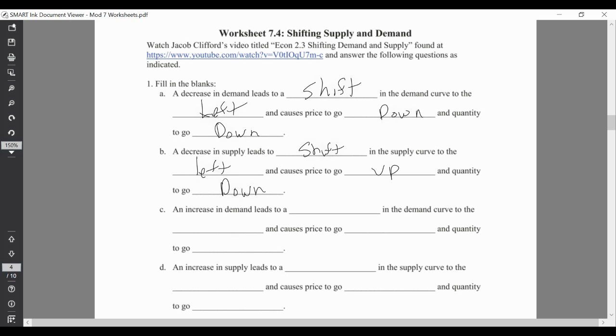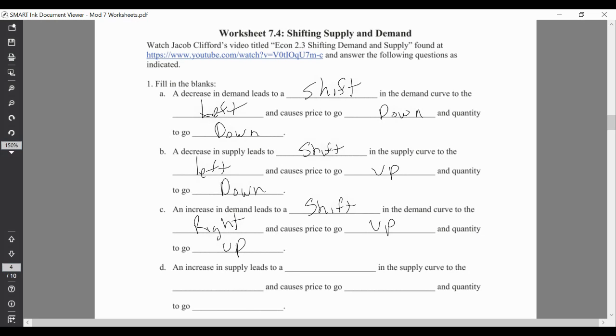C says an increase in demand leads to a shift in the demand curve to the right and causes the price to go up and the quantity to go up.